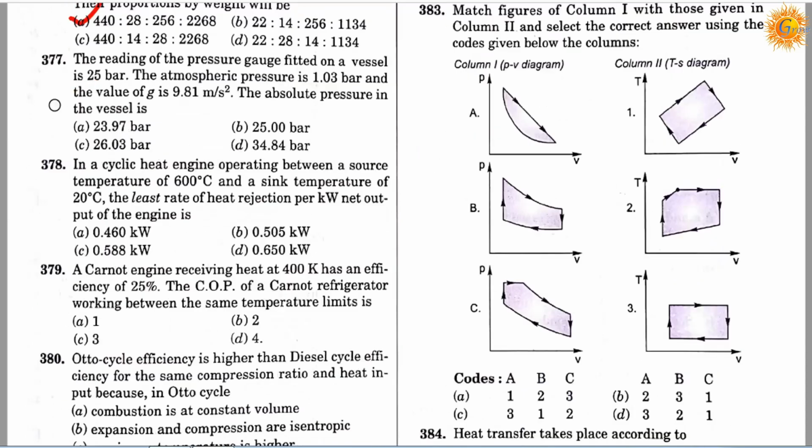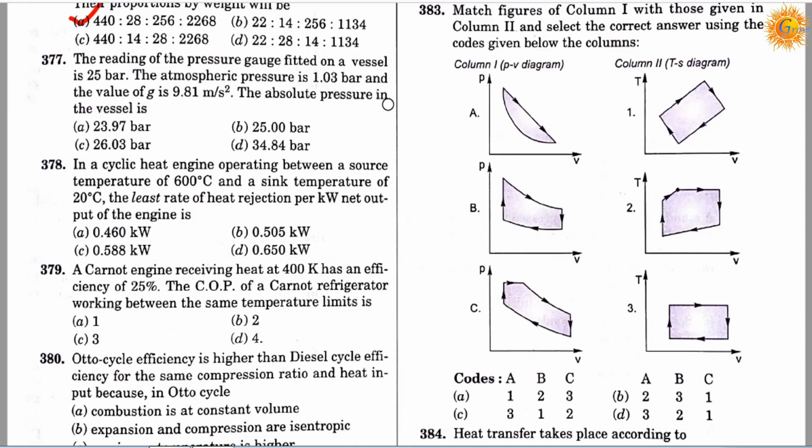Question number 377. The reading of pressure gauge fitted on a vessel is 25 bar. The atmospheric pressure is 1.03 bar, and the value of g is 9.81 meter per second square.